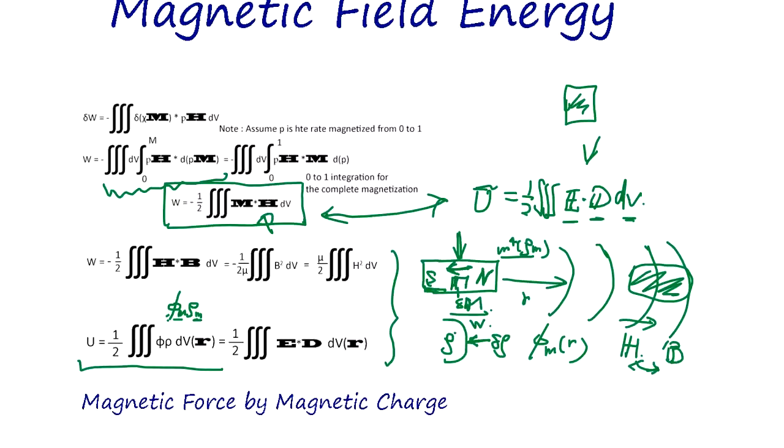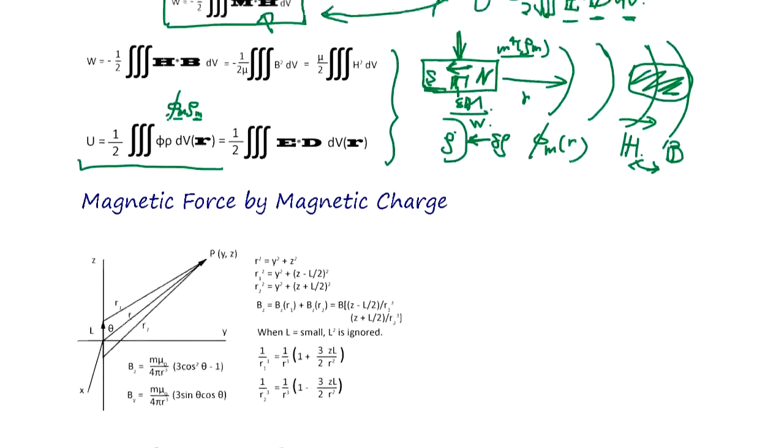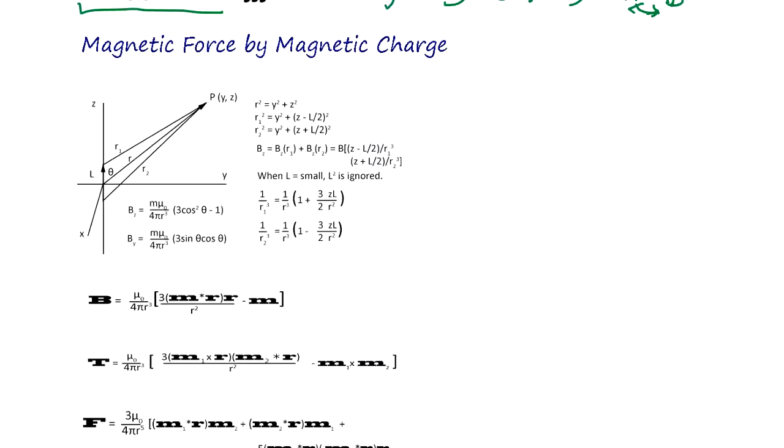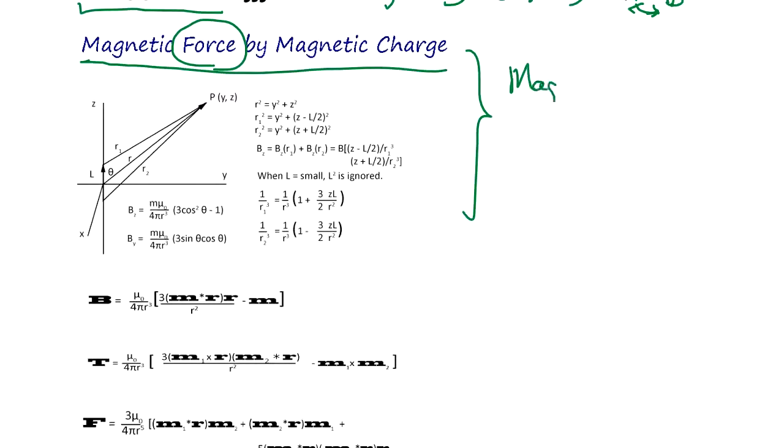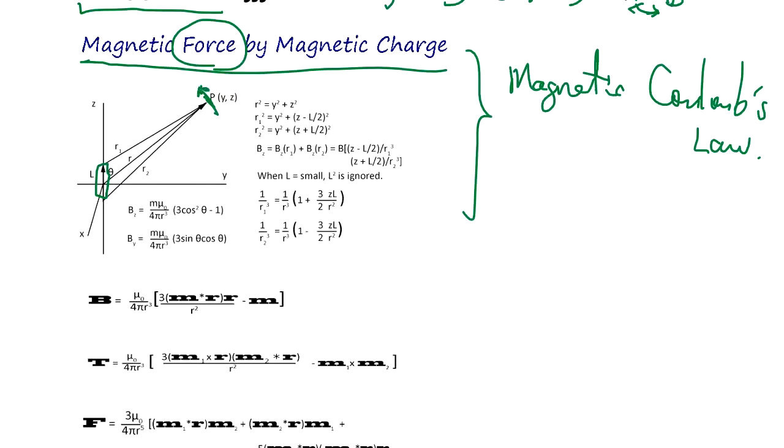Then how about the force? Well, there's no Coulomb's law for magnetic charge, but magnetic charges interact with each other by force, right? So this is kind of a magnetic Coulomb's law. You have a magnetic dipole in the middle, and far away you have another magnetic dipole.